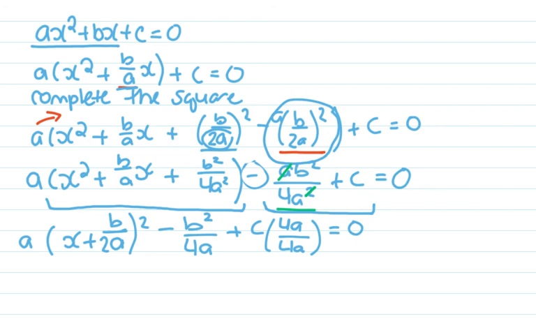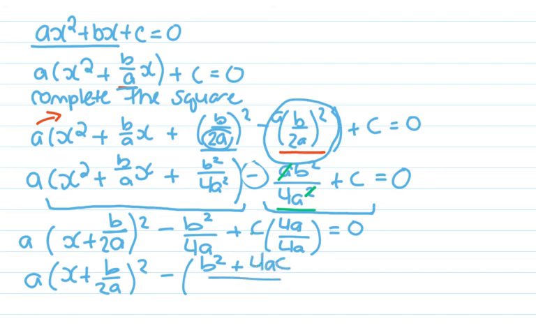Now I will have a bracket x plus b over 2a squared, and then minus b squared plus 4ac all over 4a, because I can add them now because they have a common denominator. Now my next step, I'm going to take this section and add it to both sides.